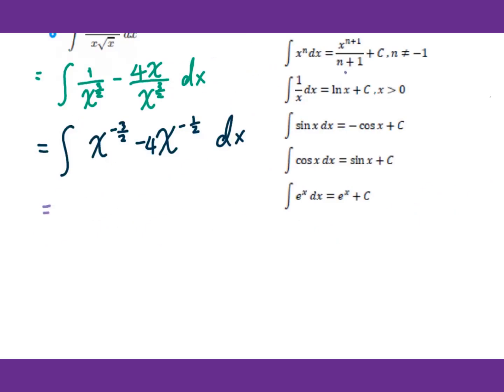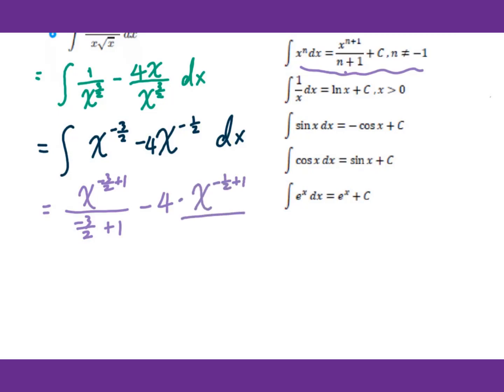We've got to use this formula. Then you will get x to the negative 3 over 2 plus 1 over negative 3 over 2 plus 1. Then minus 4 times x to the negative 1/2 plus 1 over negative 1/2 plus 1.